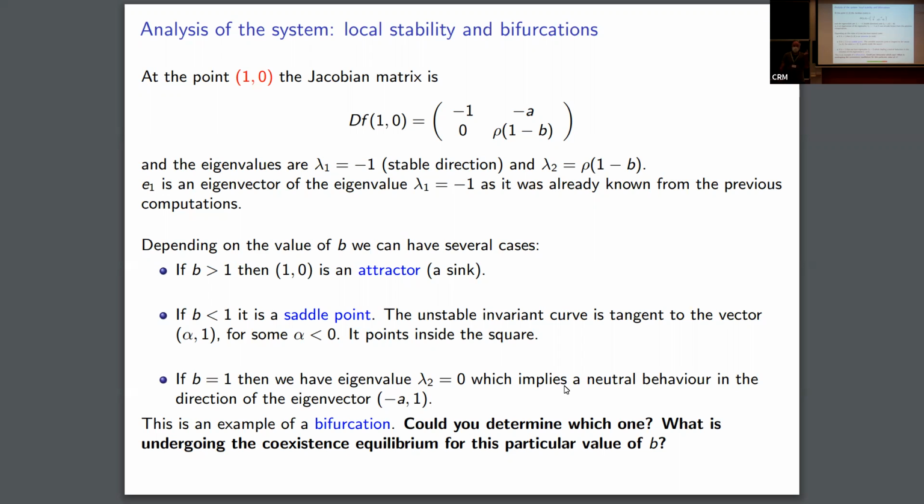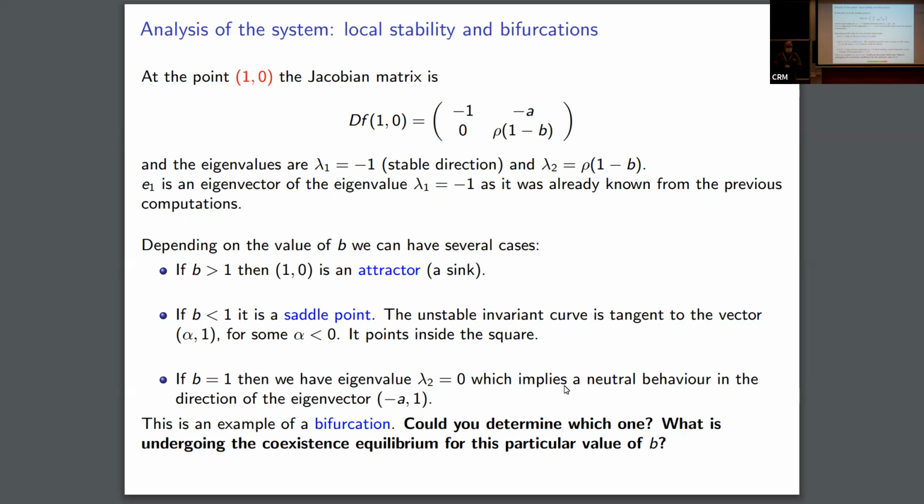So the first thing you have to do is determine which kind of bifurcation you have. The second thing I suggest is to see what's happening at the same time to the rest of the points of your system. Does some other point change stability, or does some other point enter into the biologically meaningful domain? Because this is very interesting.